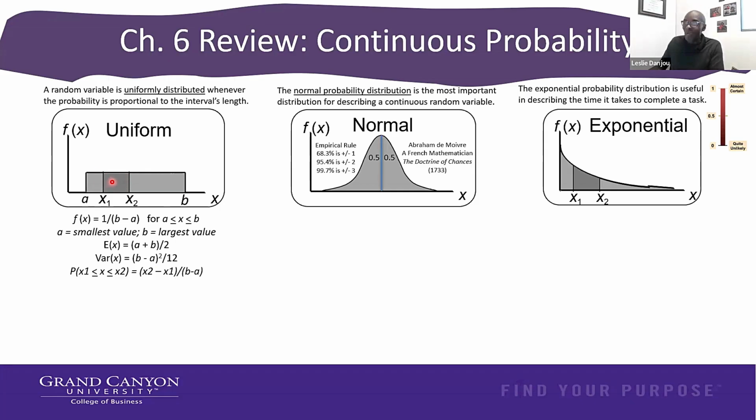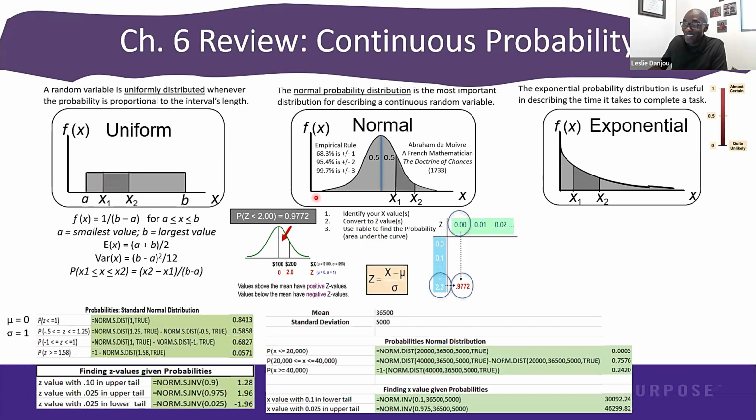Now, how do you find it if it's normally distributed? Between 2 points, first we have to convert X to a Z, then find the probability. X to Z to probability. But in Excel, we found an easier way.